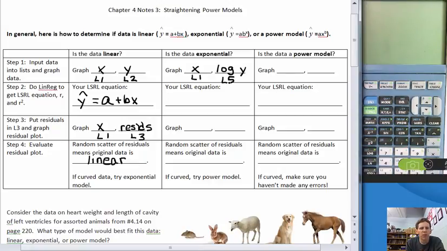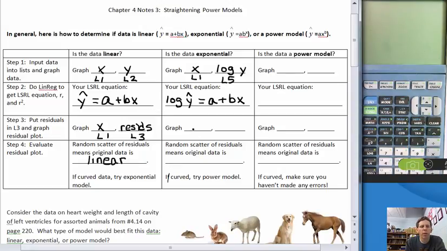So you may recall we go to list 5, we take log of L2, the y values, and we put them there. When you generate your least squares regression equation on your calculator, since we're no longer dealing with y values but log of y values, we likewise see a log of y hat at the beginning of your equation equals a plus bx.